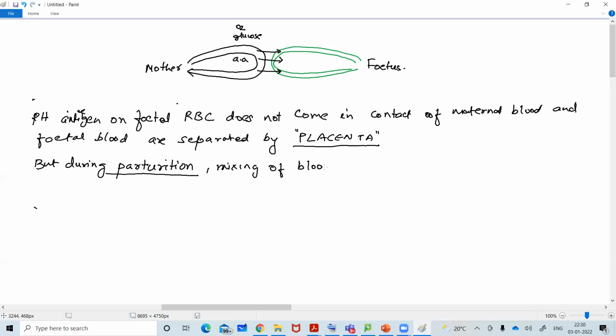Mixing of blood takes place and the mother's body receives Rh antigen from fetal blood.